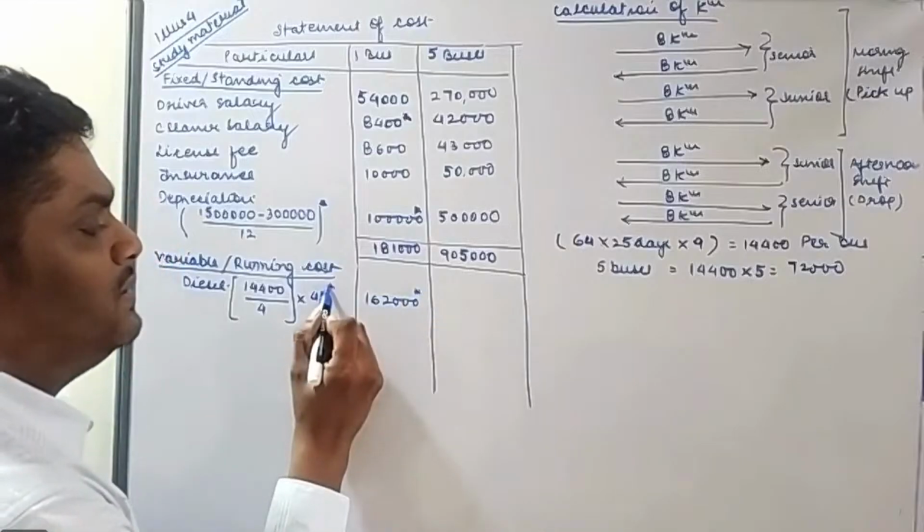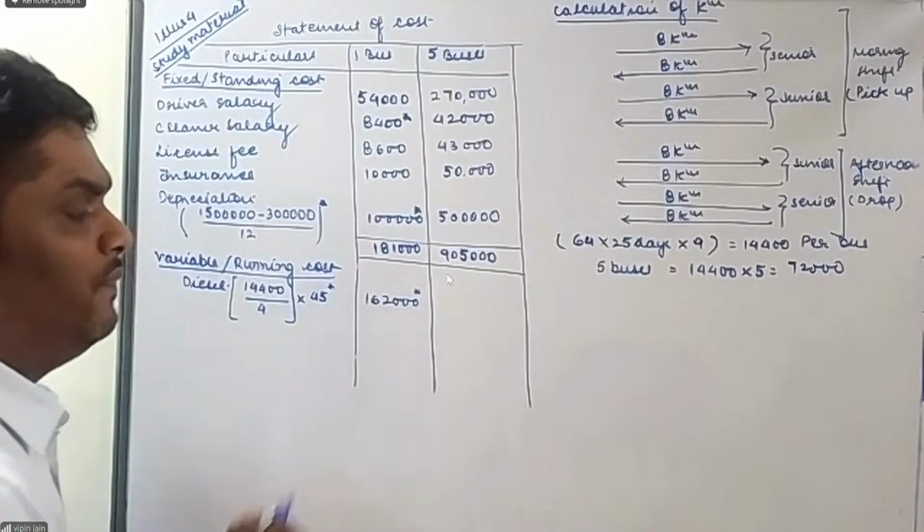This is for per bus. So for 5 buses, it will be 8,10,000. We are done with the cost of diesel calculation now. So this will be 162 and 8,10,000. This is the only variable or running cost.